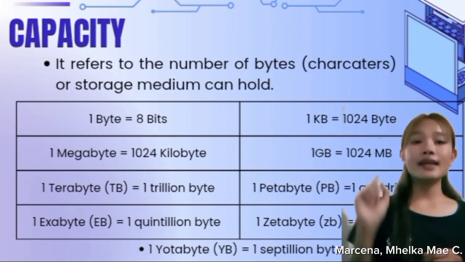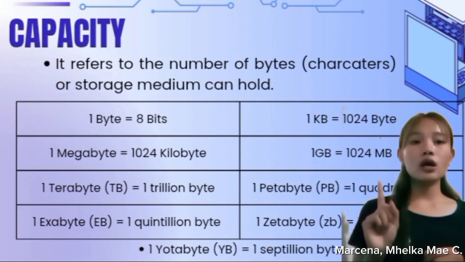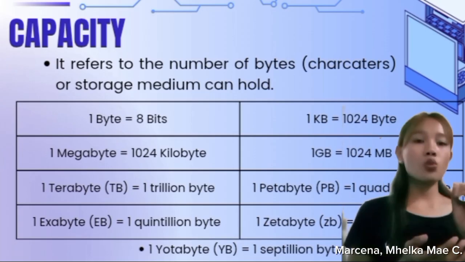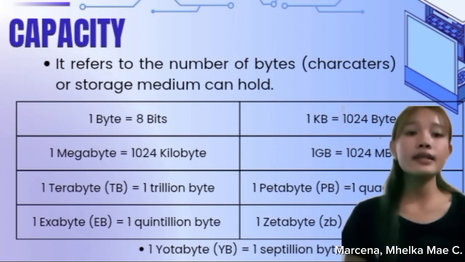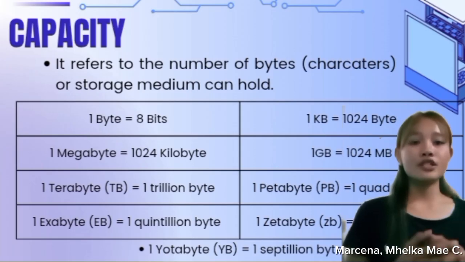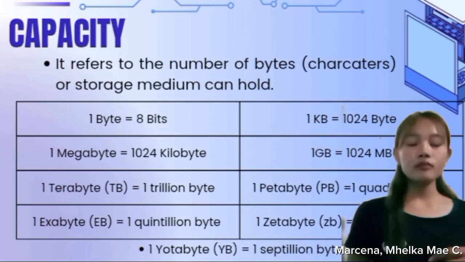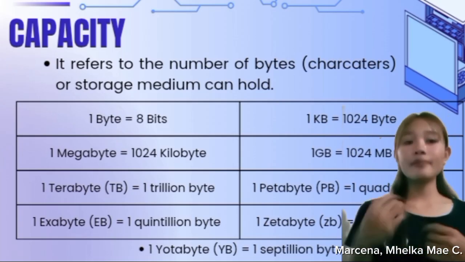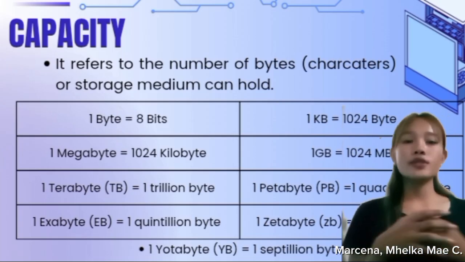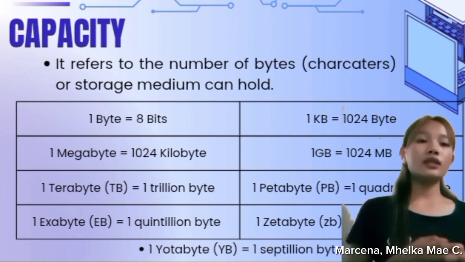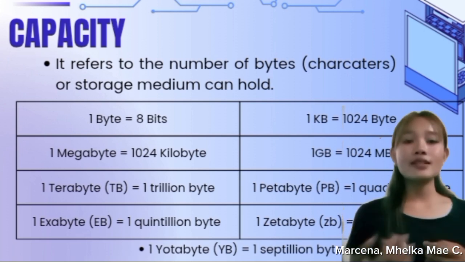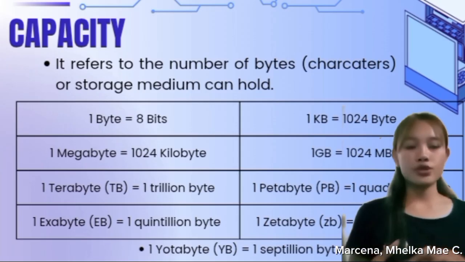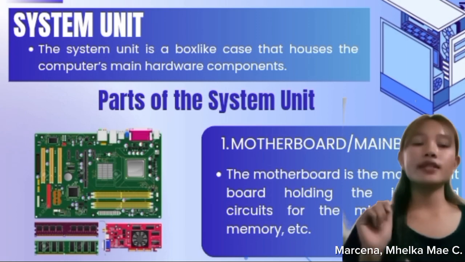And we have zettabyte. 1 zettabyte equals 1 sextillion bytes, equivalent to 1024 exabytes, and it is used for total global digital data estimates. We have also yottabyte, or 1 yottabyte equals 1 septillion bytes, equivalent to 1024 zettabytes, and it is extremely vast storage beyond everyday use.